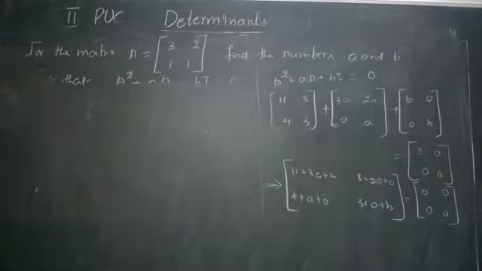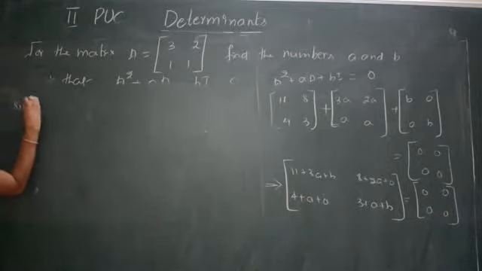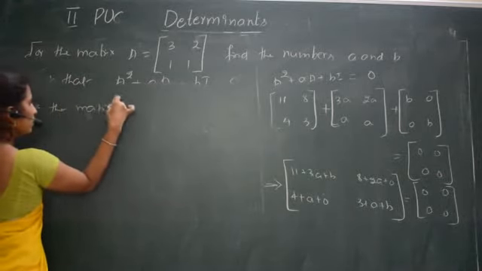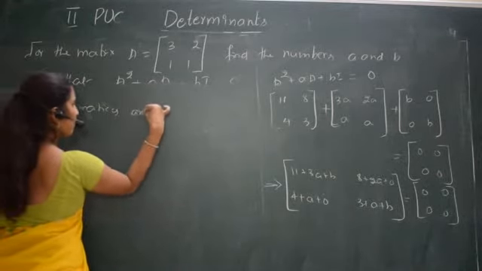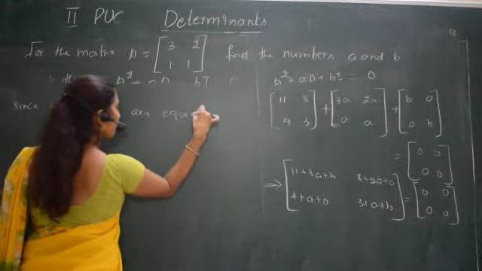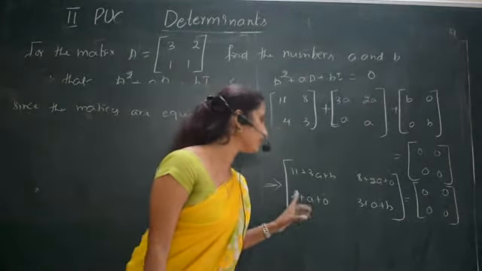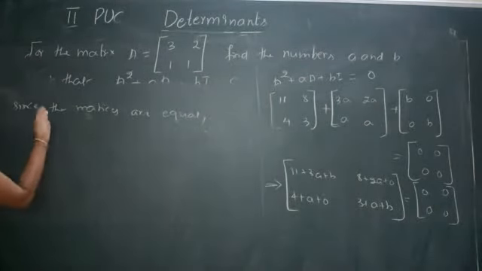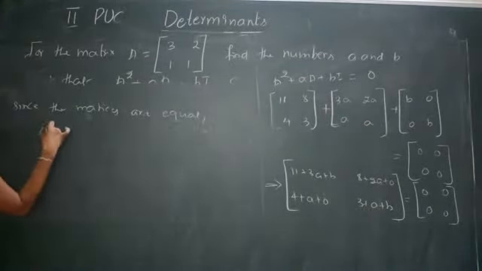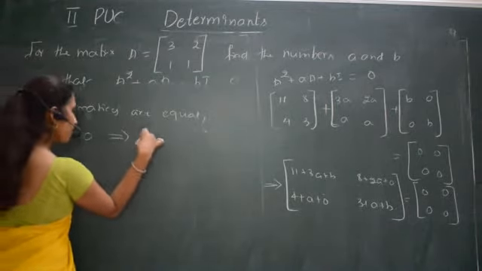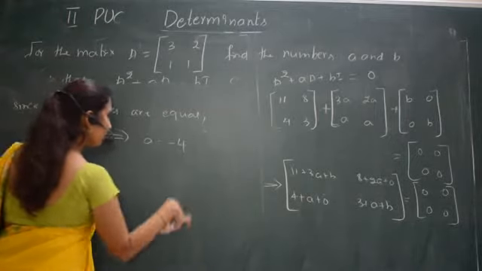Since the matrices are equal, the corresponding elements are equal, but we don't need all the elements, only any two. 4 plus a equal to 0, so this implies a is equal to minus 4.